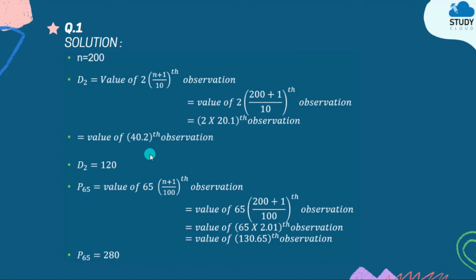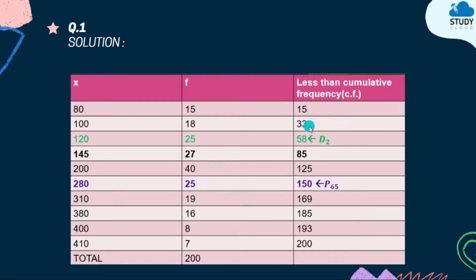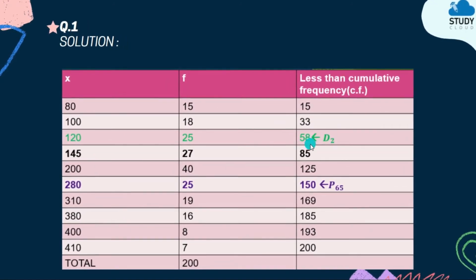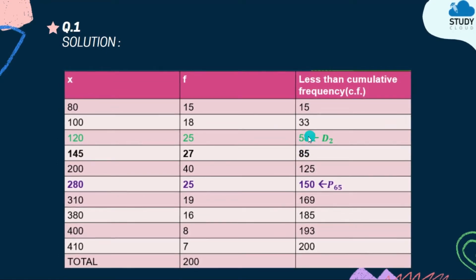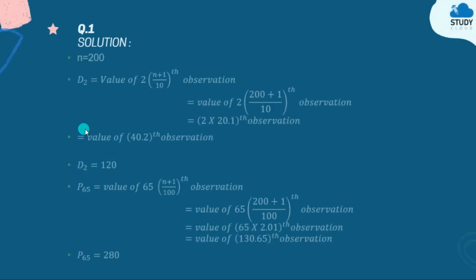Now remember this number 40.2. 40.2 will lie between this 33 and 58. So always take the bigger value 58 and mark this entire part. Here your x is 120, so this 120 will be decile 2.